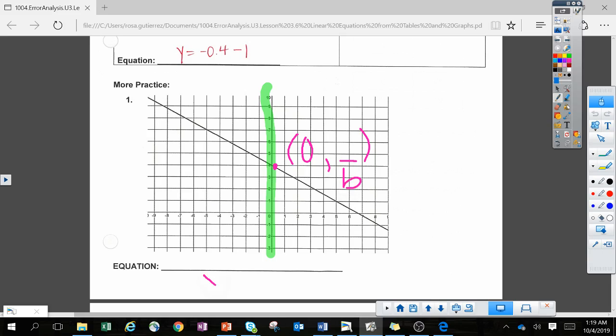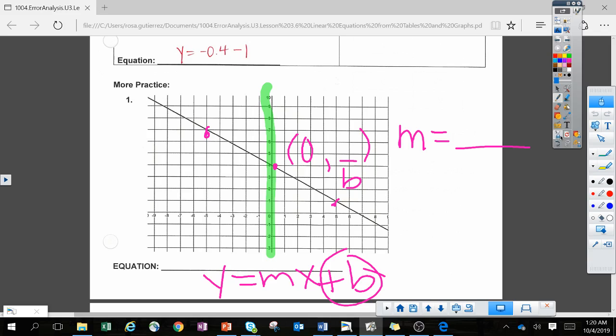And so don't forget to write your equation y equals mx plus b. Write plus b immediately because you already identified it. Okay? Then you're going to find slope, and make sure that you pick a point that you can clearly read, like here or here. Alright? So that's number 1.